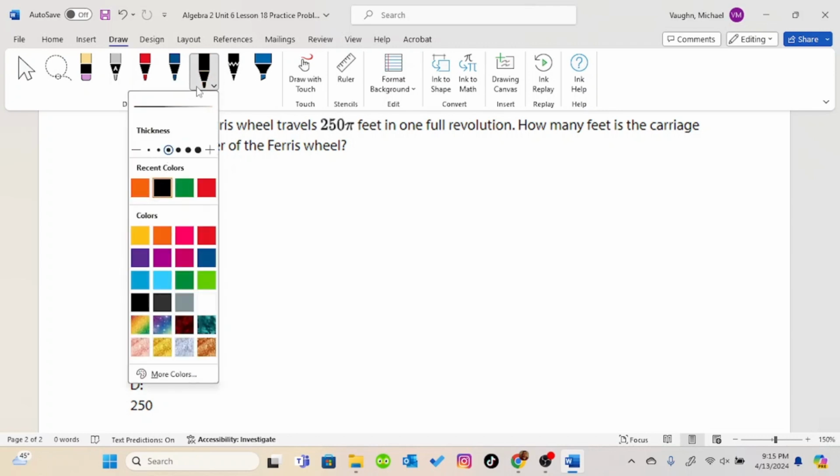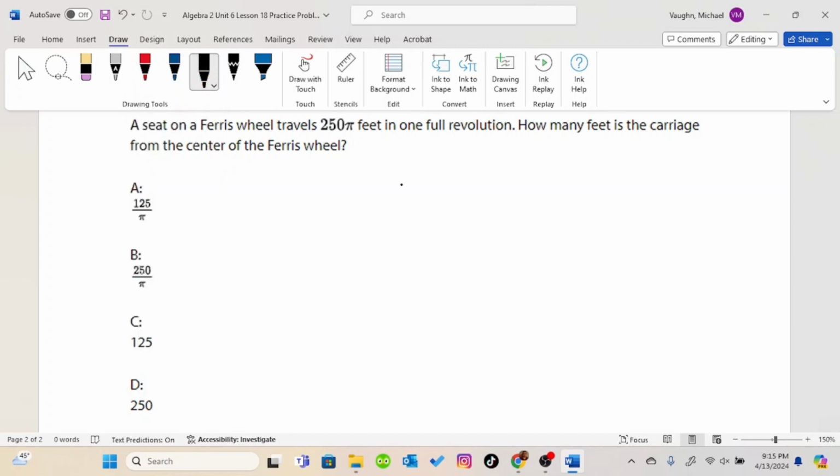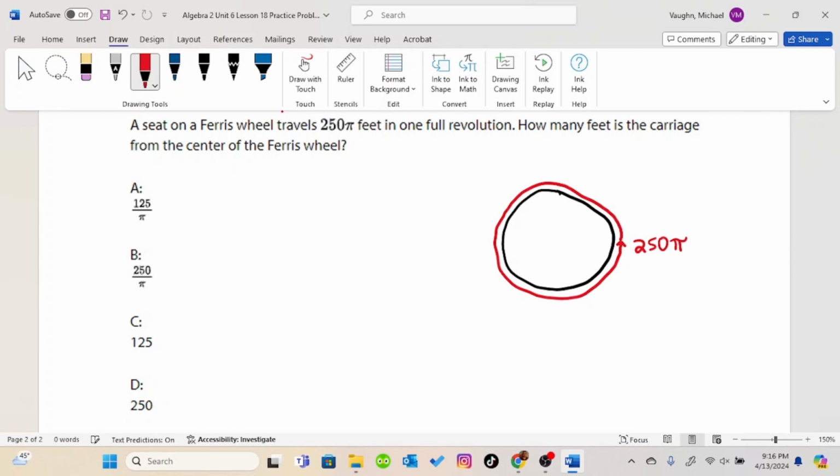So, just to draw a diagram so that you understand this better, we're saying we have a Ferris wheel, and that when it makes 1 full rotation all the way around, this is 250 pi feet.